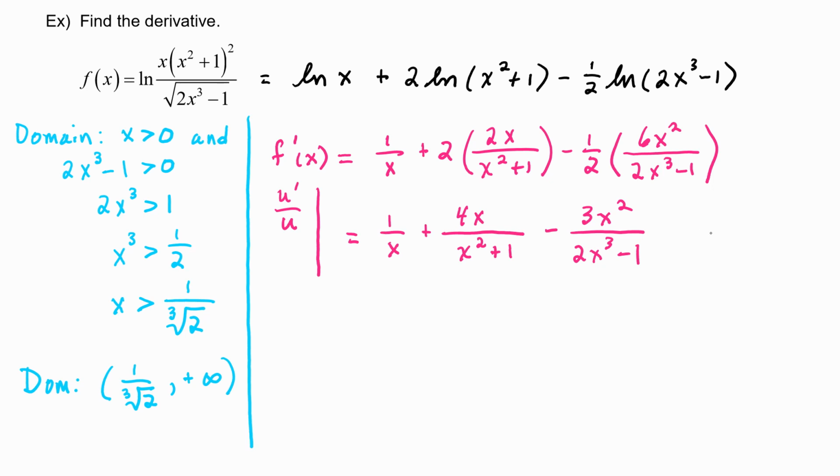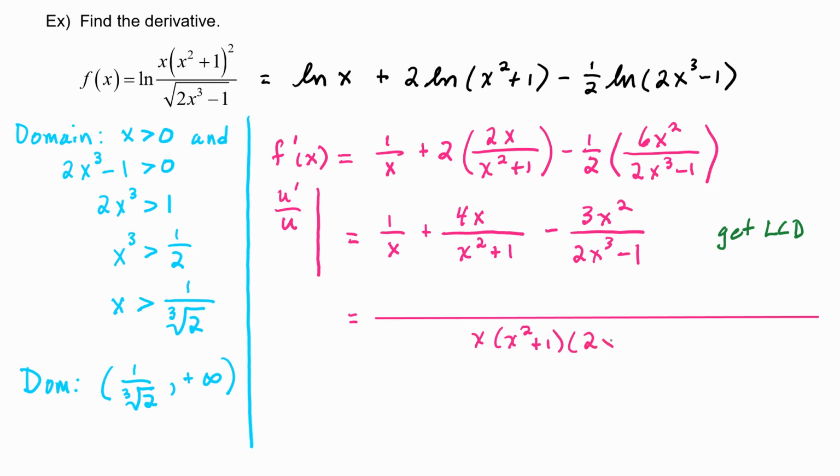Now at this point, we have to get the LCD and write this as a single rational expression. So this is going to equal, we know that our LCD will be the product of all three denominators, so x times x squared plus 1 times 2x cubed minus 1.